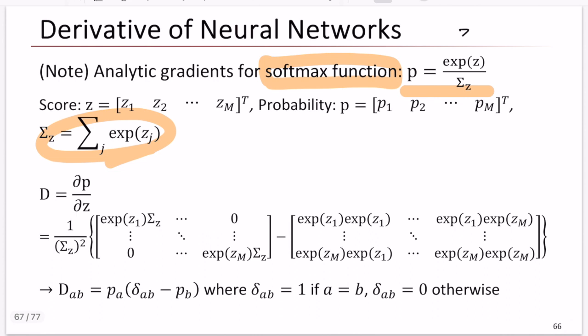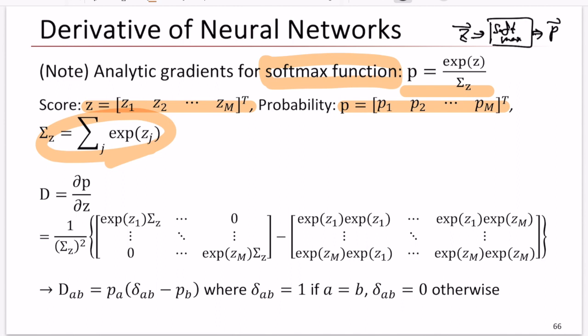The output should be the P vector, where Z was an n by 1 vector, and the probability output of the softmax was an n by 1 vector as well, right?